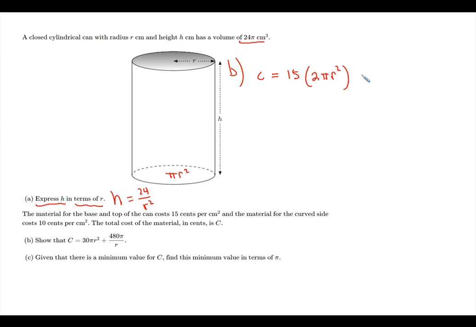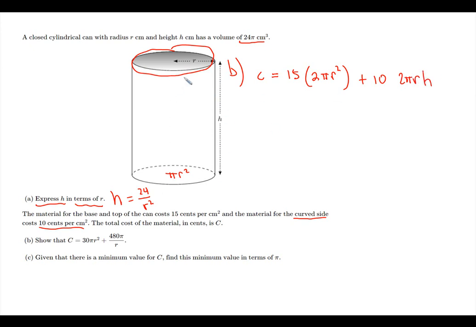And then we have plus the middle part. The curved side costs 10 cents, so this is going to be 10 cents times the curved part. Remember, if you unfold the curved part, it's like a rectangle. One side would be the circumference, 2 pi r, and the other side is the height.